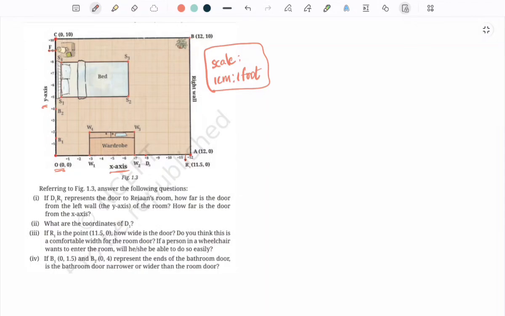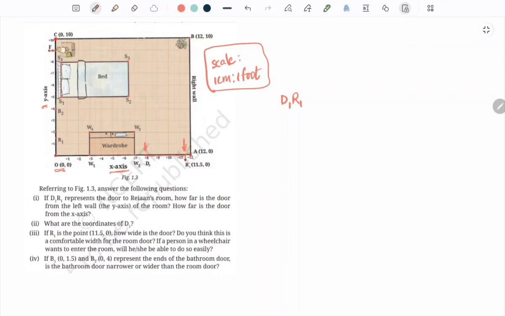So now coming to the problem, D1 R1 represents the door to Ryan's room. Here if you see, this is D1 and this is R1, and this is the length of the door.